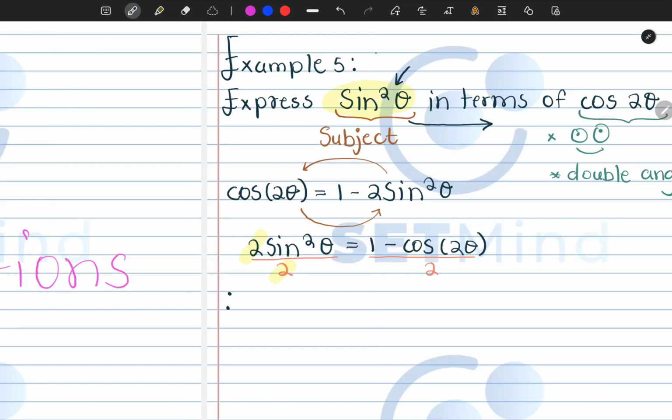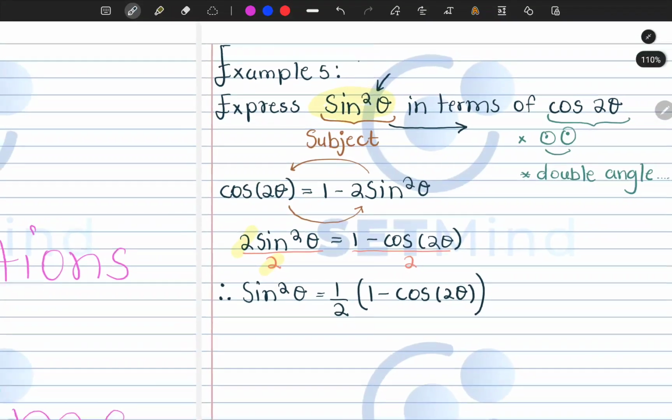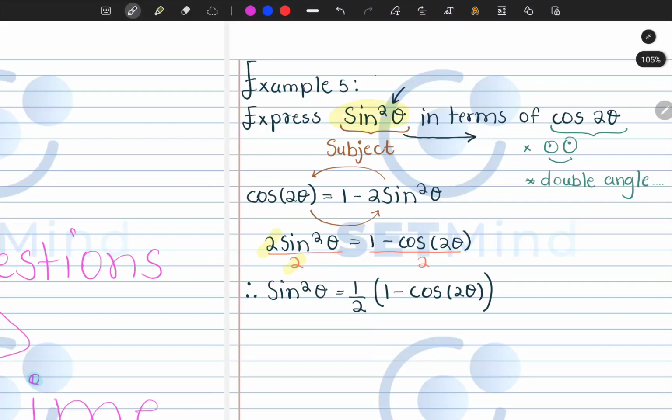This gives us that sine squared theta will be equal to, I'll put the half and then put everything inside the bracket. It will be half of 1 minus cos of 2 theta, like this. That is what we get when we make sine squared theta the subject using the double angle identity.